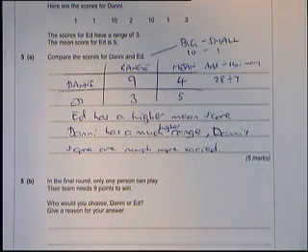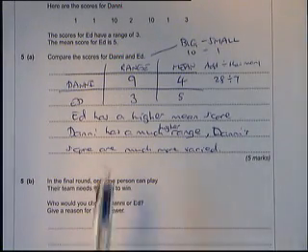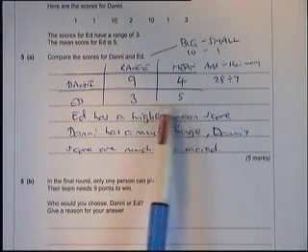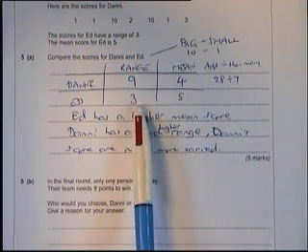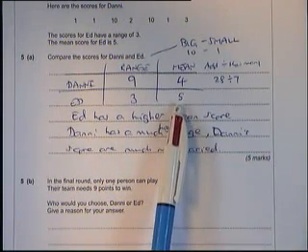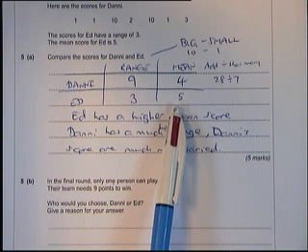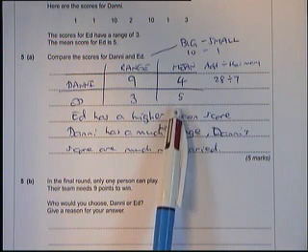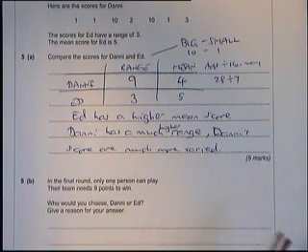We don't know what Ed's scores were, but we do know that Ed averaged 5 and had a range of 3. That means that Ed's scores could never be more than 3 away from here. So Ed's maximum score would be 3 plus 5, which is 8. So Ed never scored that many.